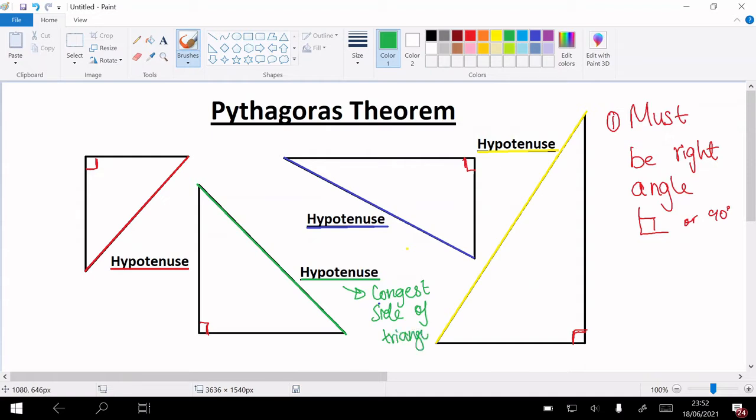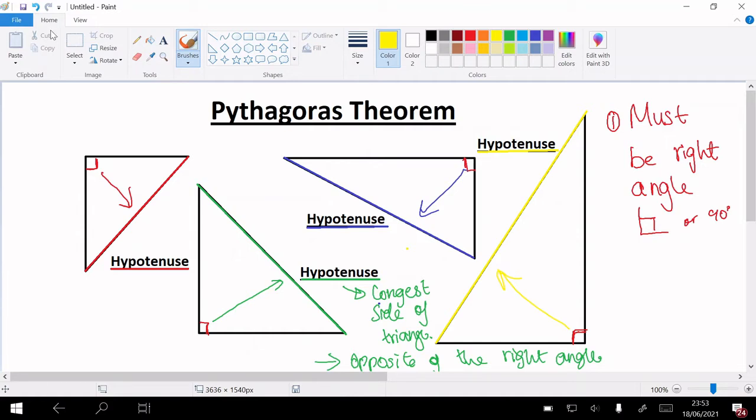And if you look very carefully, you'll realize it's always opposite of the right angle. What I mean by that is the hypotenuse will always be opposite of the right angle. So you can use this method to identify which one is the hypotenuse. Hopefully that makes sense, and we will get into the equation now.